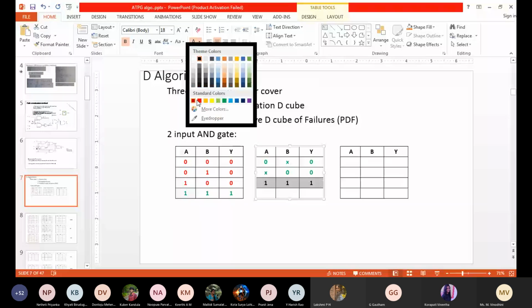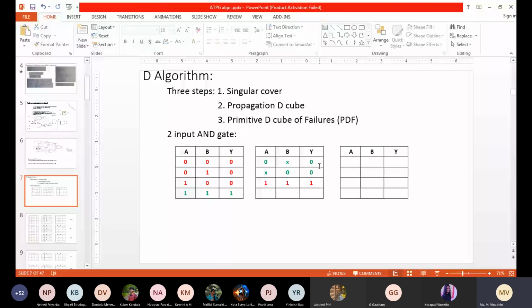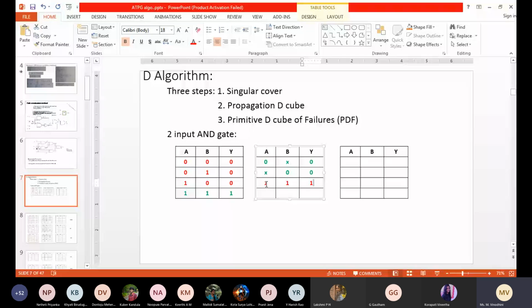Now compare the rows in green color with red color, or I can compare the rows in red color with green. Any way I can do. First, let me consider red to green. Let me take this red.